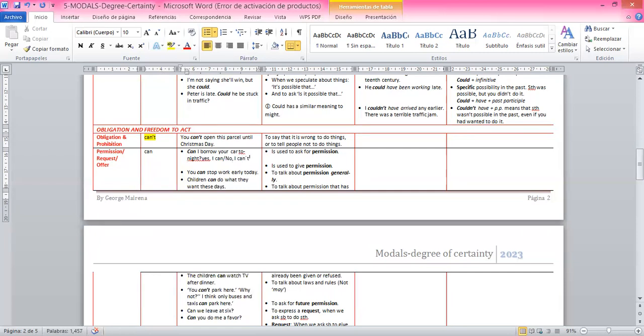Now, as you can appreciate in that question, I'm going to highlight it here. This question is just for when you want to ask for permission, okay?